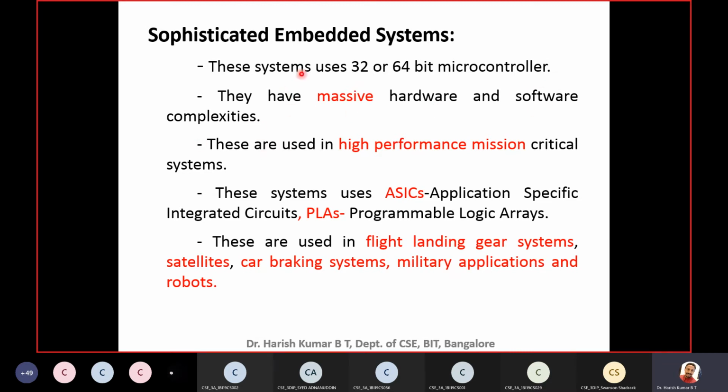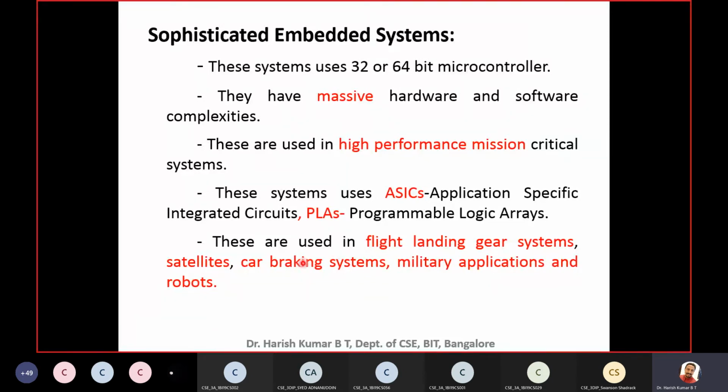Such sophisticated embedded systems are used in high performance, mission critical systems, for example flight landing gear systems, satellites, car parking systems, military applications, and robots.